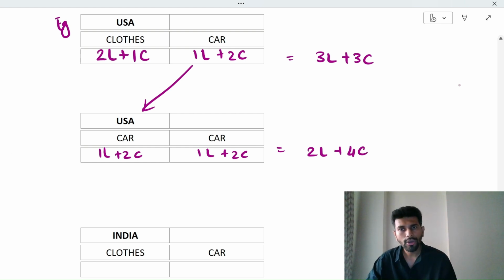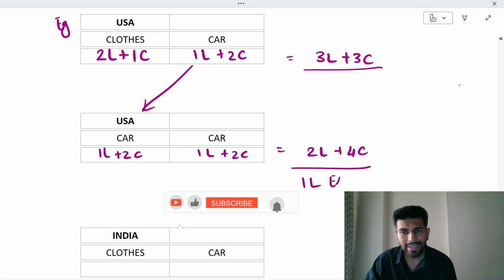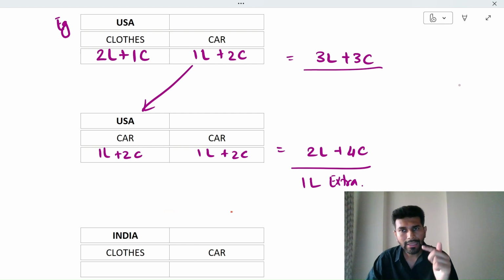So earlier USA had 3 labor and 3 capital. Now it requires 2 labor and 4 capital. It means when it had 3 labor, now it requires 2 labor. So 1 labor is extra available with USA. Similarly, earlier there were 3 units of capital and now it requires 4 units of capital.